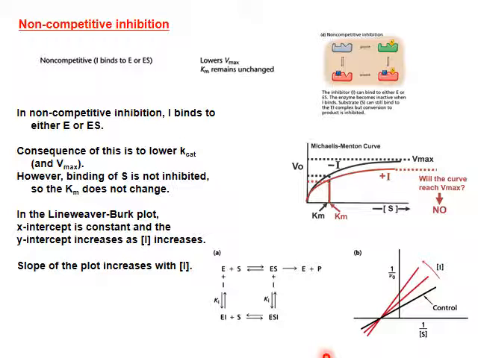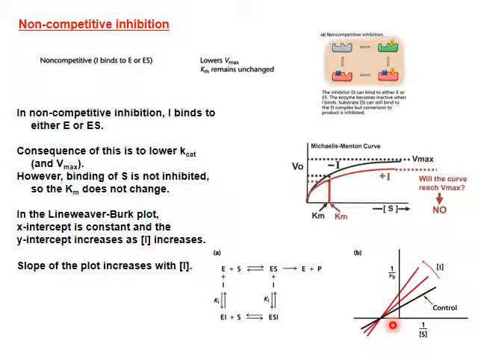And so when we look at these lines, they almost look parallel because the intersection point is so far away from the x-axis. So is that competitive? Or excuse me, is that non-competitive or is that uncompetitive?